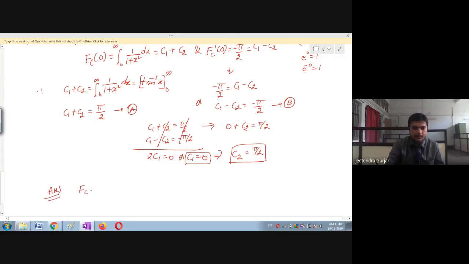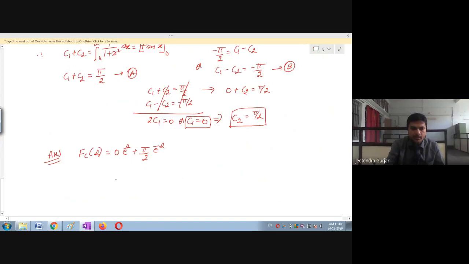F of s is equal to 0 into e raised to s plus pi by 2 e raised to minus s. If you further simplify, 0 into e raised to s will be 0. Therefore this is pi by 2 e raised to minus s, where the function we have taken here is 1 upon 1 plus x square, students. Is it clear? So this is how we have to simplify this example.